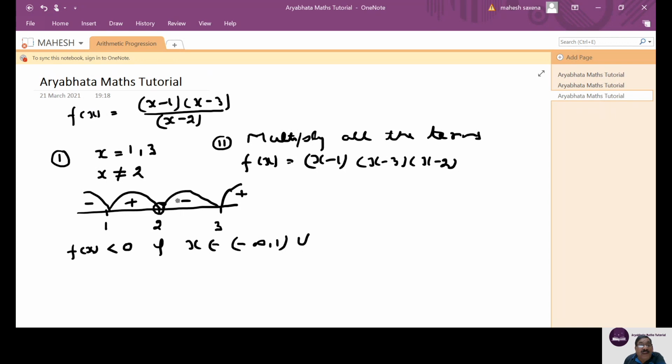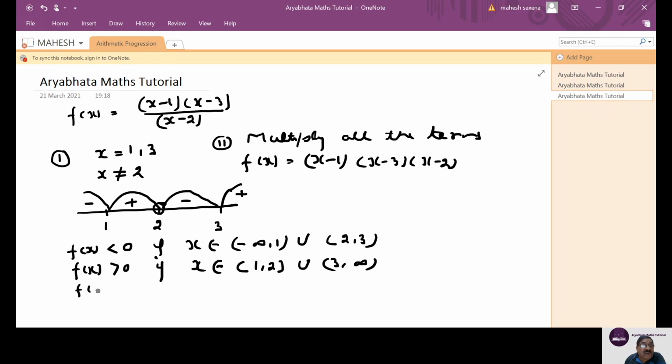Union, minus sign is also mentioned here, therefore x should be between 2 and 3. f(x) will be greater than 0 if x belongs to, positive sign is mentioned here, therefore x should be between 1 and 2. Union, positive sign is also mentioned here, therefore x may be greater than 3, that is 3 comma infinite.